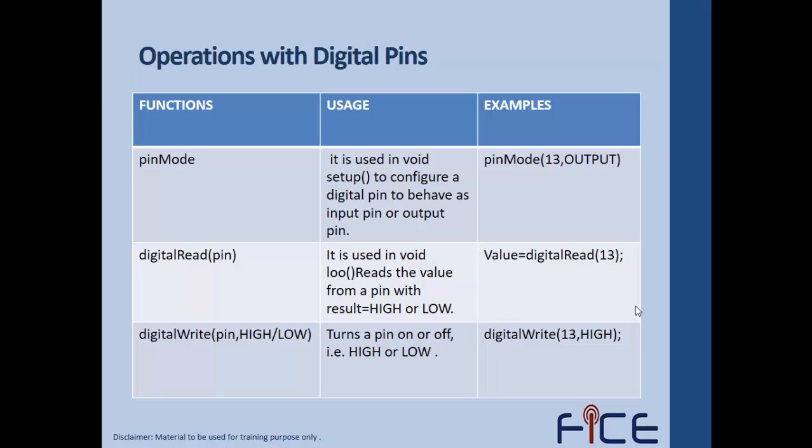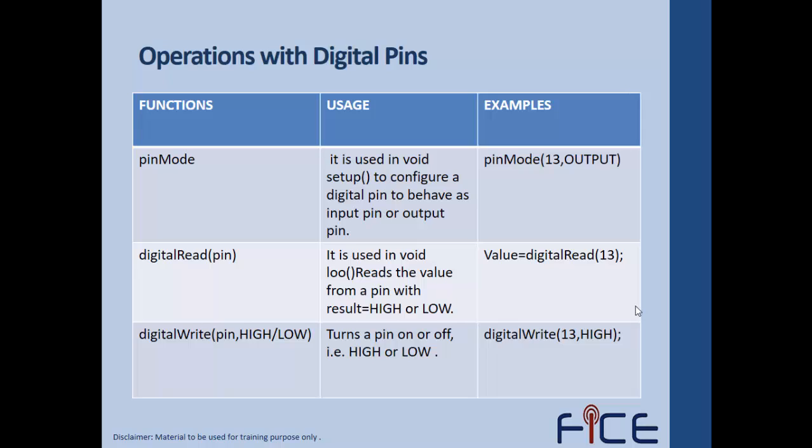So this pinMode is used to set a digital pin either as an output or input. This pinMode API contains two arguments. The first argument is the pin number, which pin we are going to use, and the second argument is the mode, in which mode, either output mode or input mode, that pin is going to be used. In the example you can see that we are using pin 13 as the output pin.